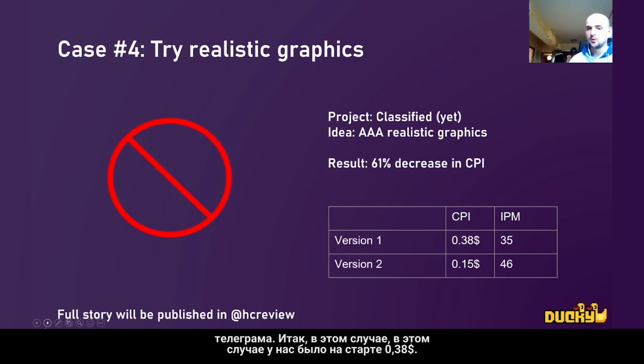So in this case, we had a 0.38 CPI result with this game, and we've decided to redo it in a realistic setting. And we had a huge drop, over 61% in terms of CPI. We had a CPI of 0.15 with the first iteration.